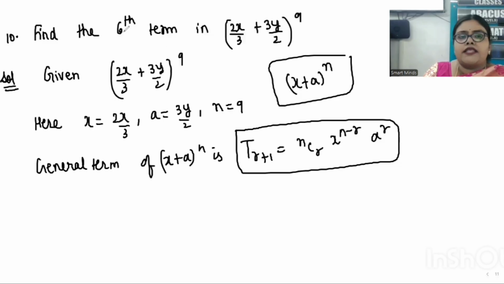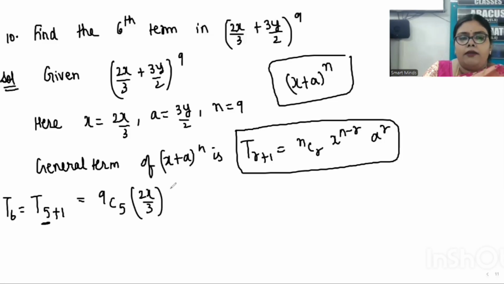And here they are asking the sixth term. So how do you get 6? You will get 5 plus 1. That is T6. So in the place of r, we take 5. So nCr is 9C5, (2x by 3) whole power (n minus r), n is 9 minus r is 5. And what is a? a is 3y by 2 whole power r, which is 5.